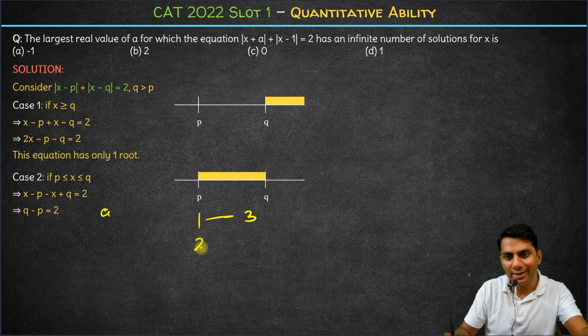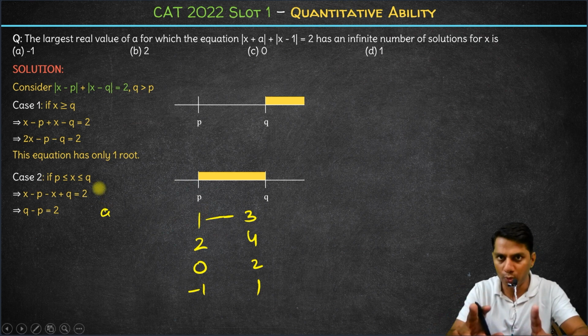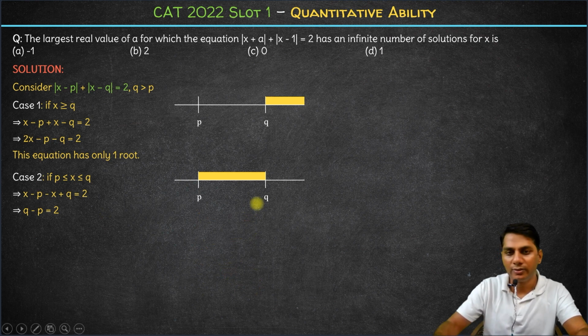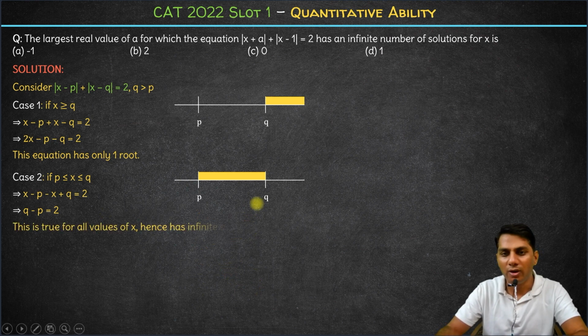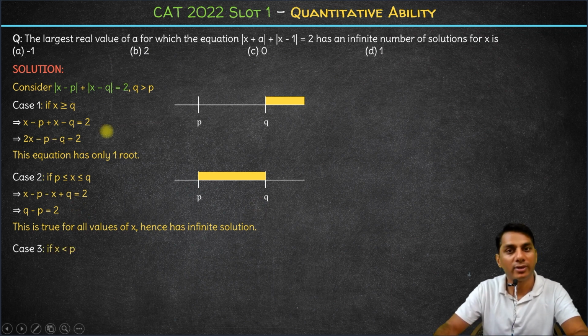It can be 1.3, it can be 2.4, it can be 0.2, it can be −1.1, anything. We don't know the exact values, but the difference between q and p is 2, and for that we get infinite values of x. X can take any value between these two terms, right? So this is true for all values of x in this range, hence it has infinite solutions.